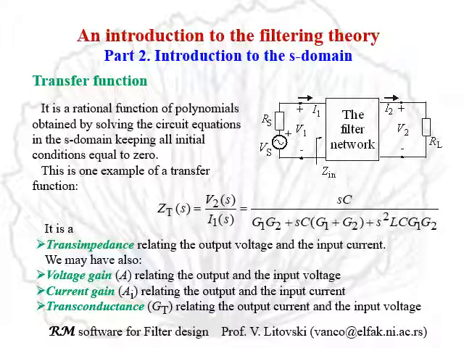Note that this solution comes in symbolic form, which means we are manipulating the complex frequency and the element values as symbols to produce an expression like the one which is presented here. And that is not an easy task.